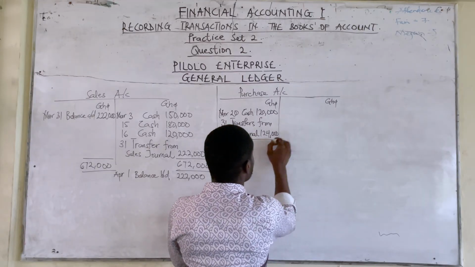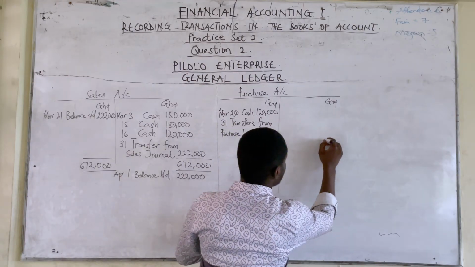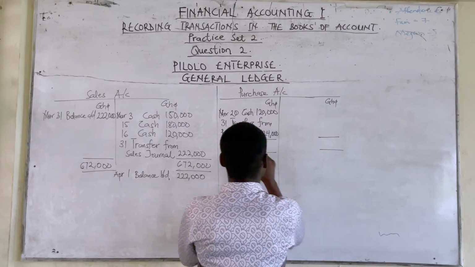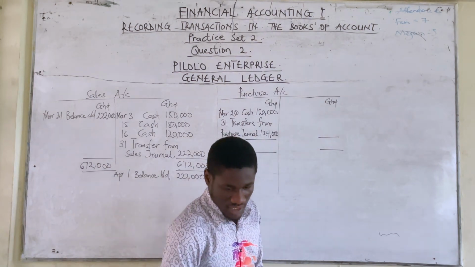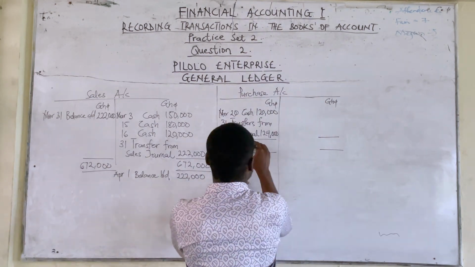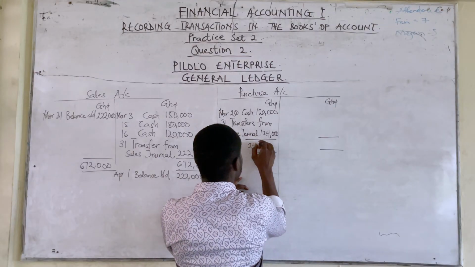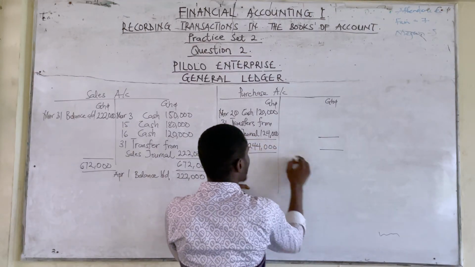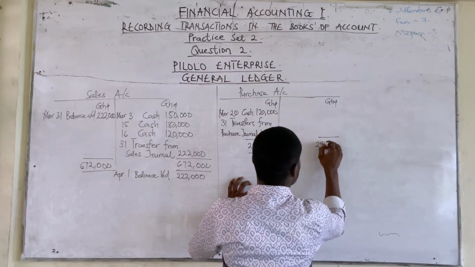Good. So that's going to be our total purchases. When we add it together, we get 244,000.